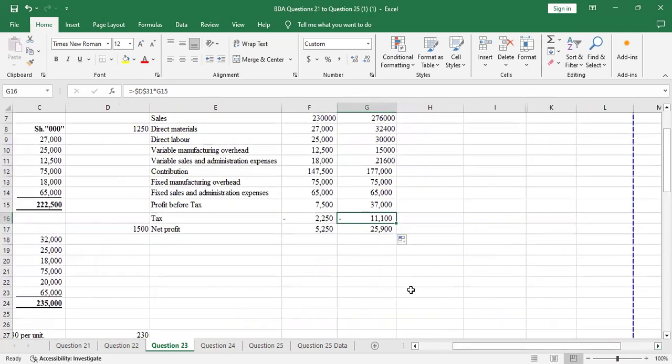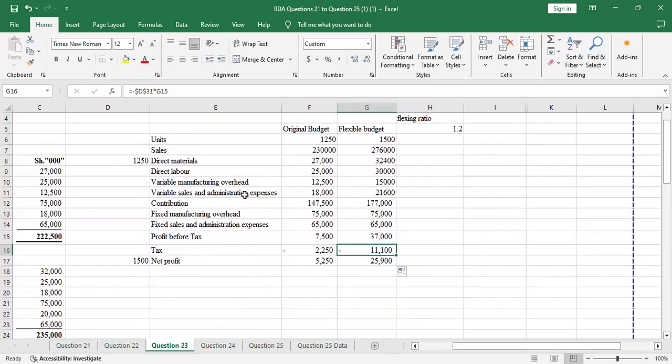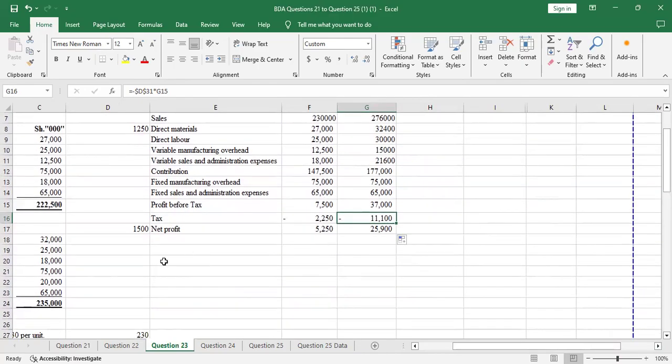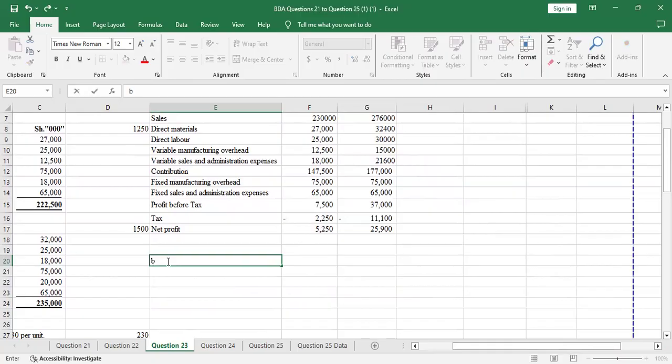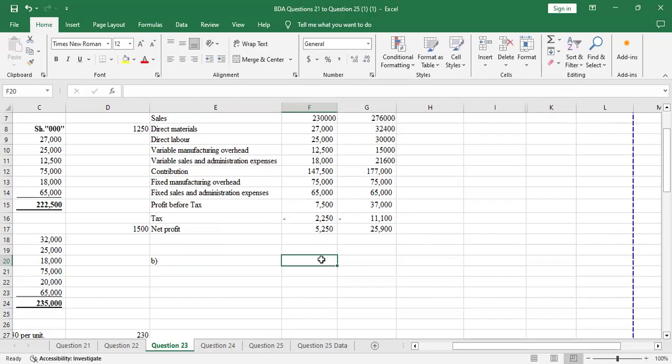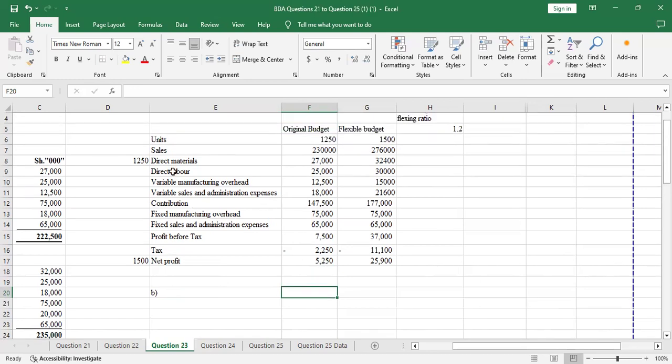So you just come to this information, the total flexible budgeted cost. Part B, so the flexible budgeted cost, you just come to cost. Costs are everything from direct material all the way to fixed sales and administration. So you start with the direct materials.